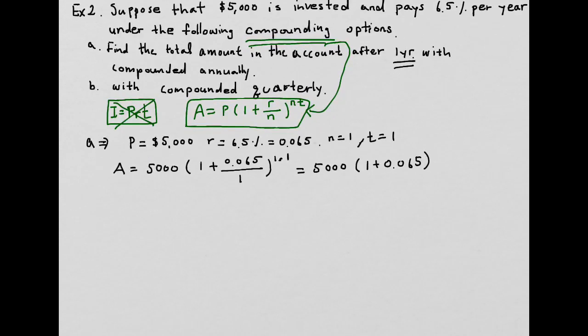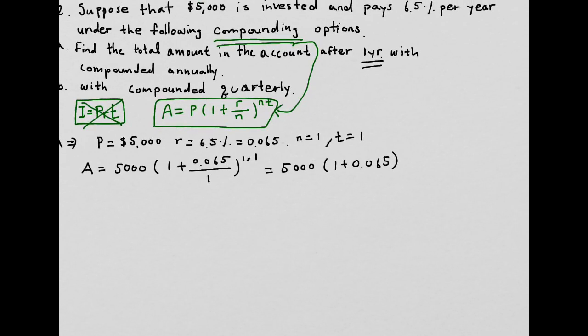So this is the same as 5,000 times 1.065, which gives you 5,325.